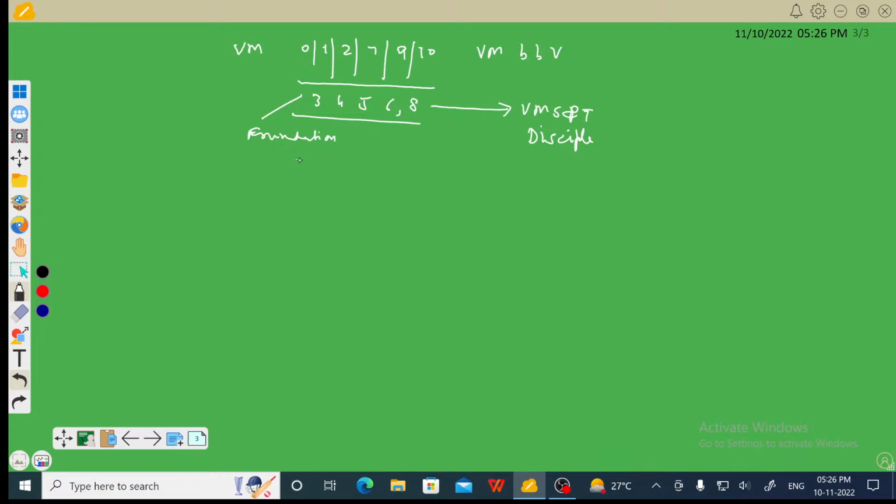So the advanced mathematics, meaning graduation level mathematics, will again have two streams: 0, 1, 2, 7, 9 and 10 of summation value 29, and 3, 4, 5, 6, 8 of summation value 26.